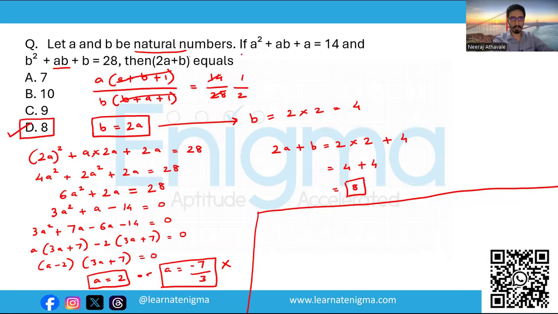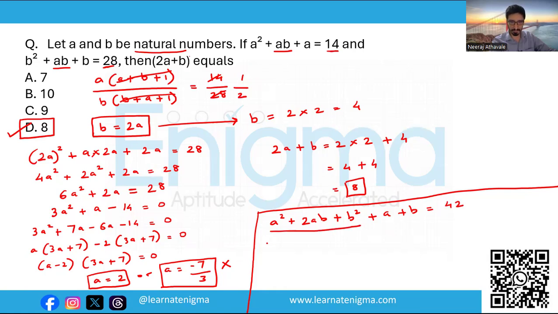Now, if you add the two equations, we will get a square plus ab plus ab, that will become 2ab, plus b square, plus a plus b is equal to 14 plus 28, that is 42.